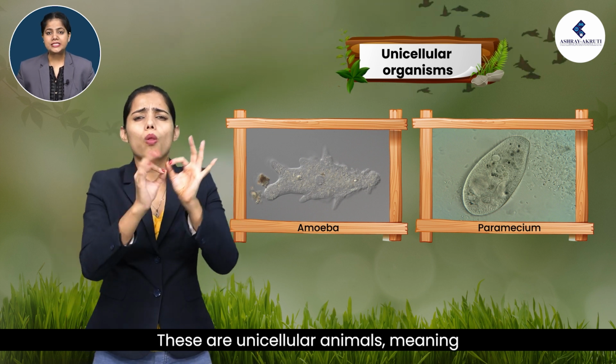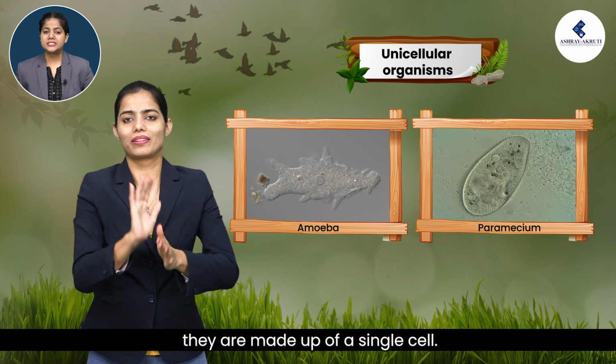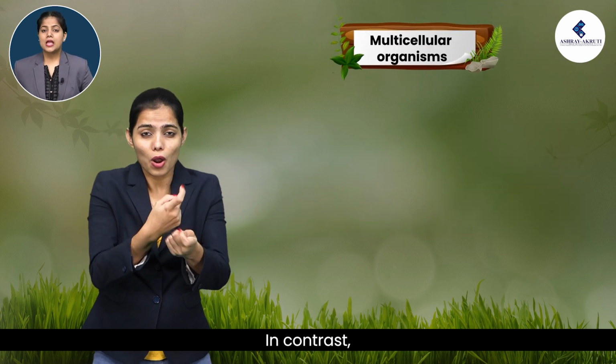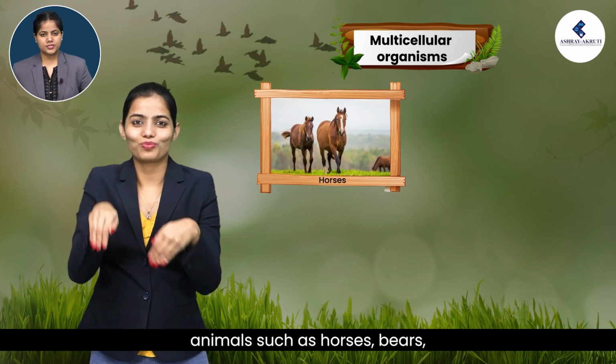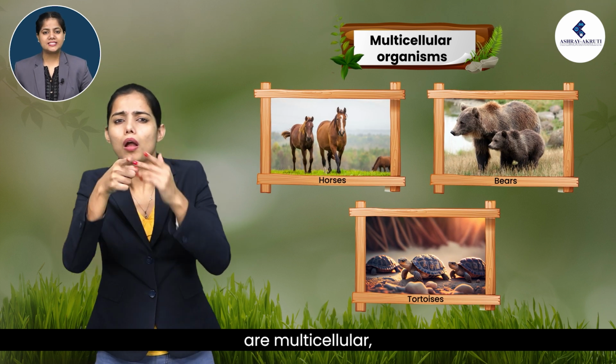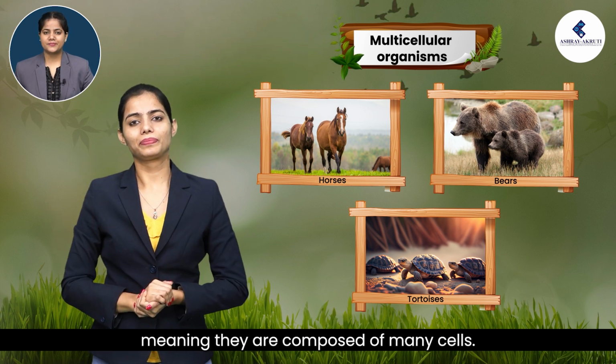These are unicellular animals, meaning they are made up of a single cell. In contrast, animals such as horses, bears, and tortoises are multicellular, meaning they are composed of many cells.